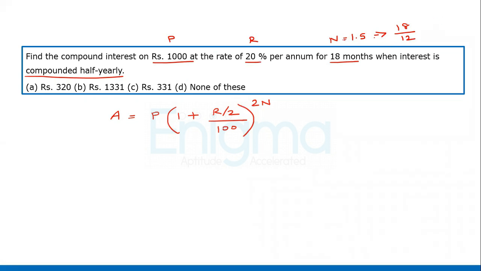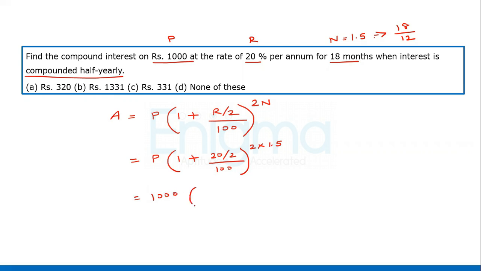So, now substituting these values, we get P into 1 plus R is 20, so it becomes 20 upon 2 upon 100 raised to 2 into 1.5. So simplifying this, we get P, it is 1000.